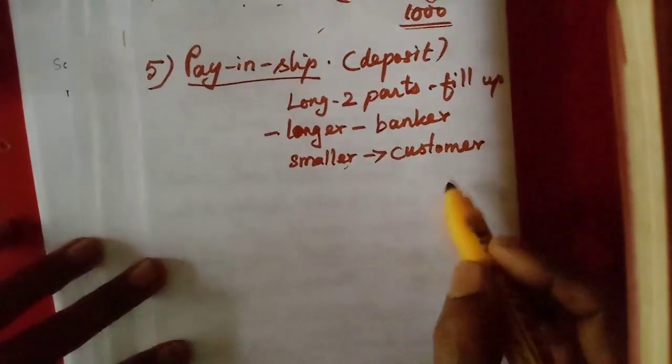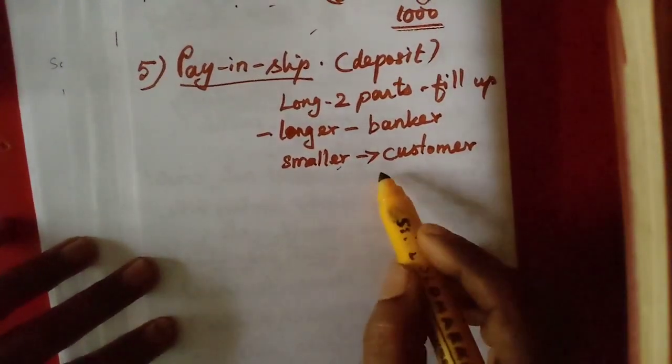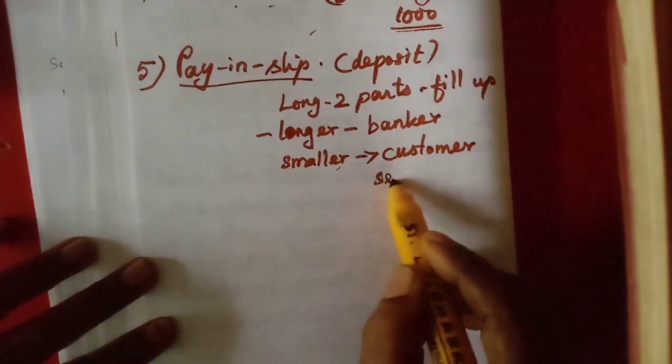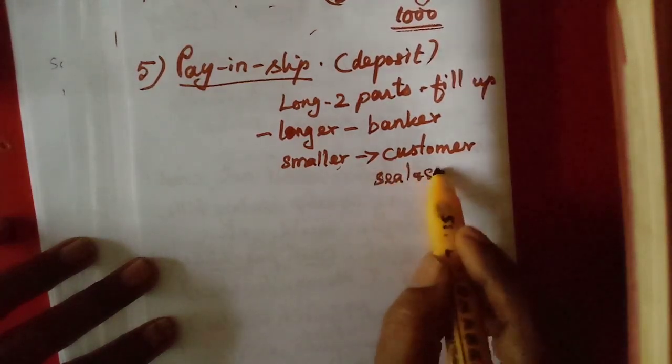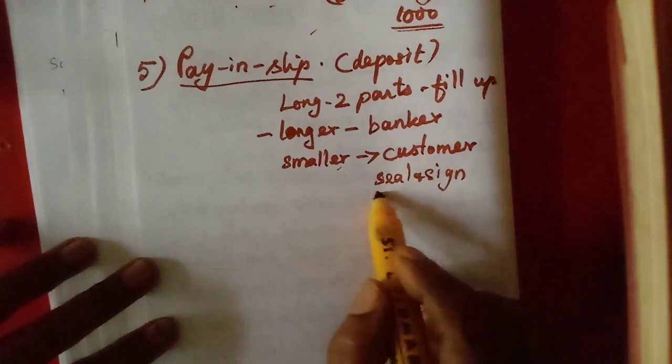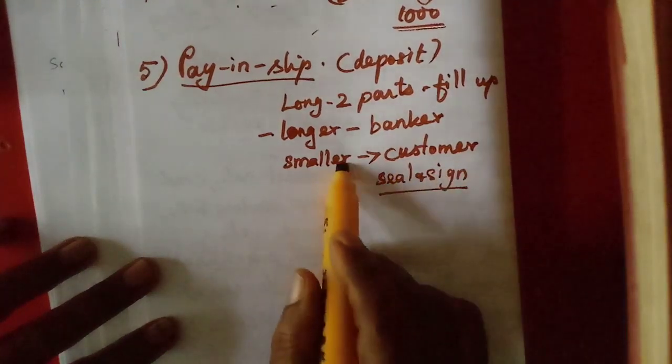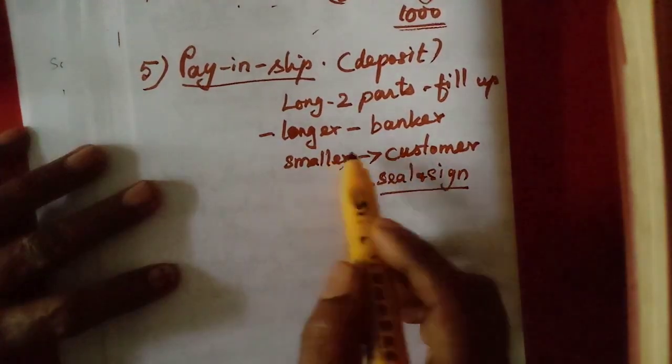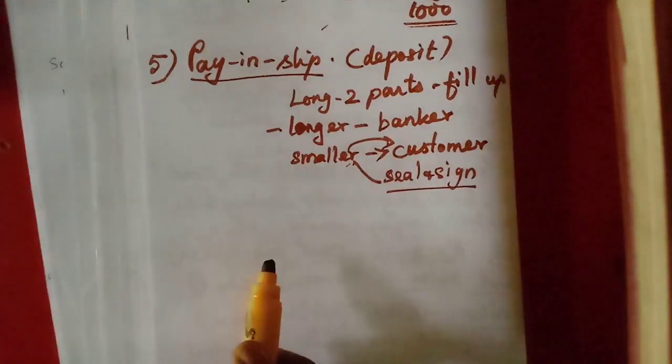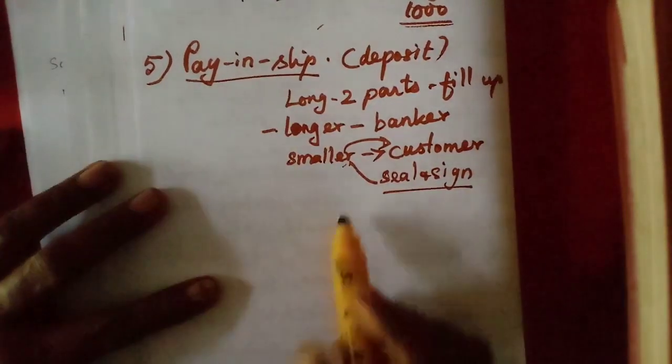The banker will put the bank seal and his sign, his initial. With this, he will return the smaller one to the customer. So the customer has the evidence.